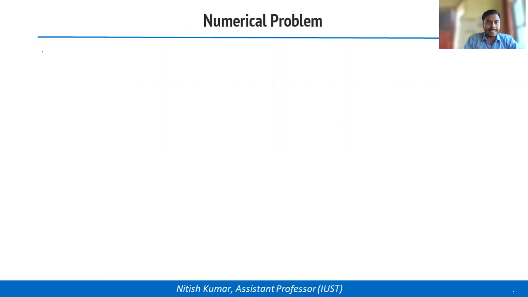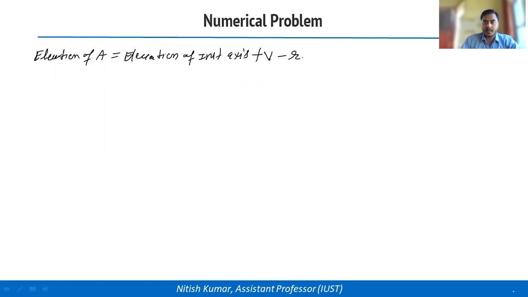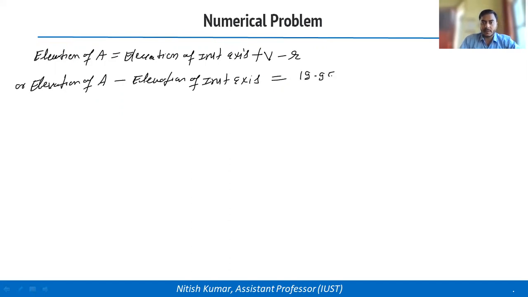We can write the elevation. Also we can say elevation of A minus B, that is 19.95.